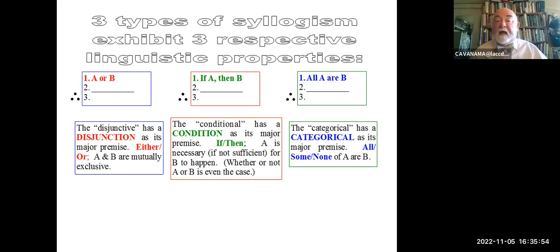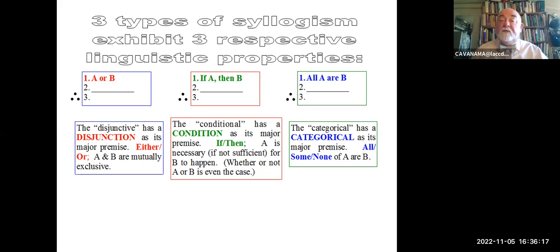Conditional syllogism has a condition as its major premise. It's an if-then statement, and it has antecedent and consequent parts. The categorical has a categorical statement as its major premise. This example has all A are B, but it could be no A are B, some A are B, or some A are not B.